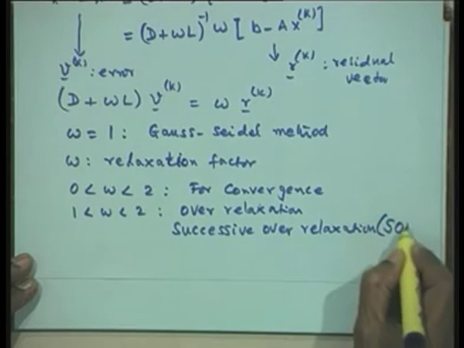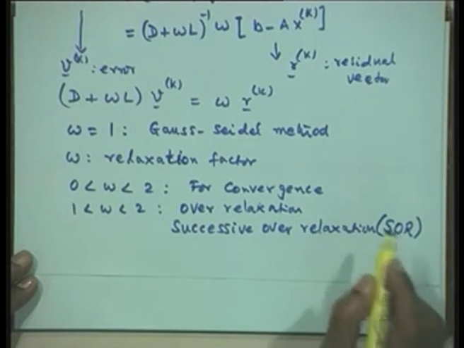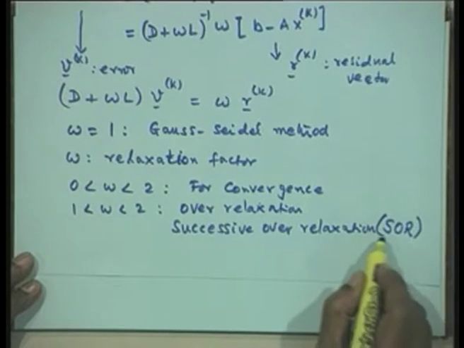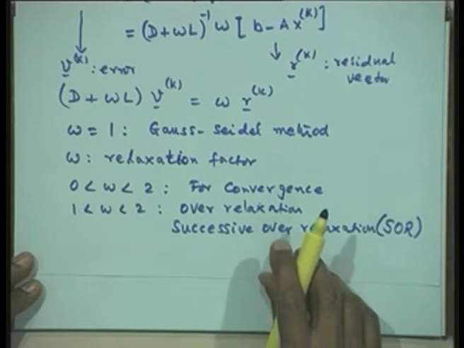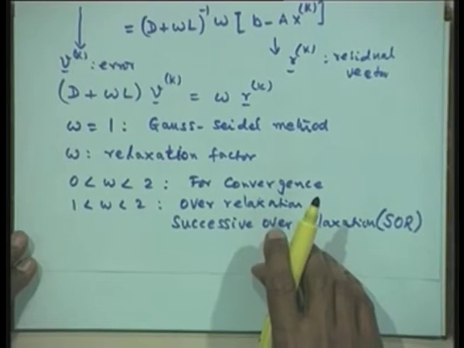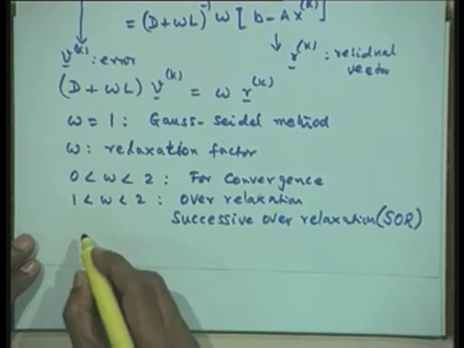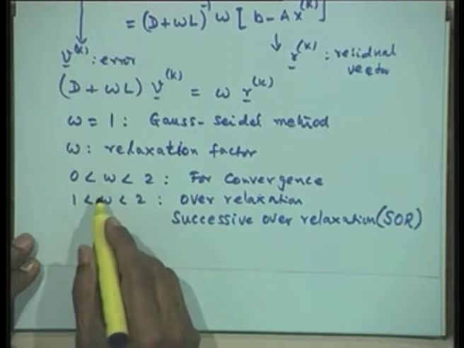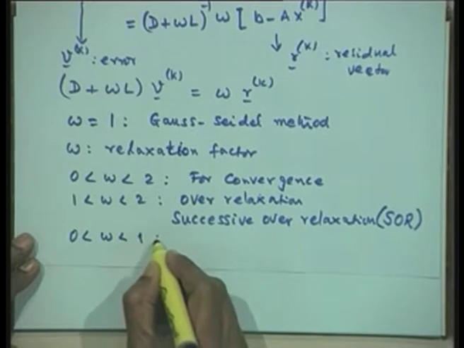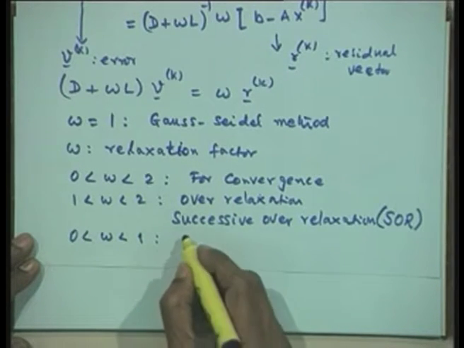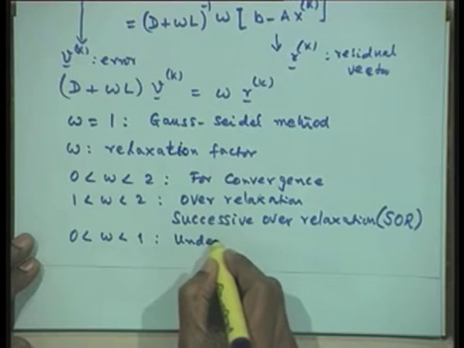This is one of the most famous and most popular methods. It is simply called SOR, the successive over relaxation method. If I use a value between 0 and 1, it is called under relaxation, but it is very rarely used.